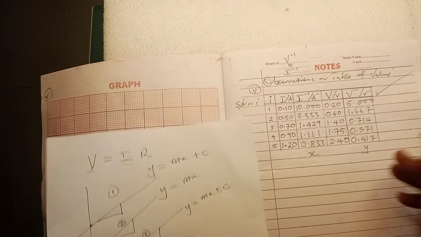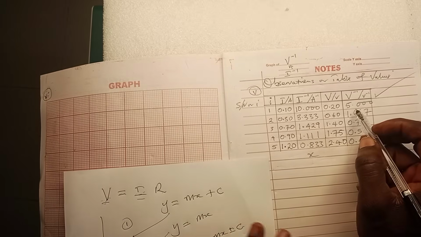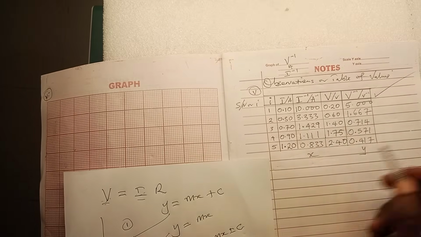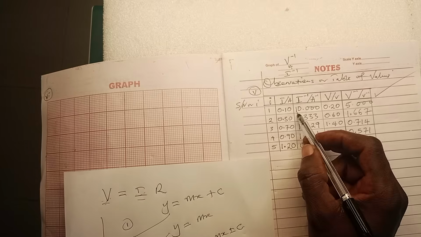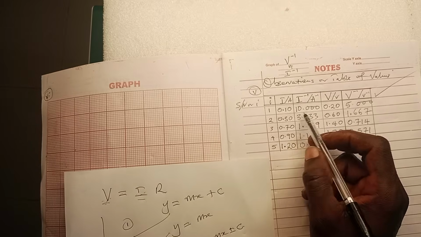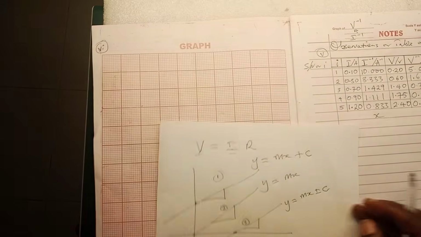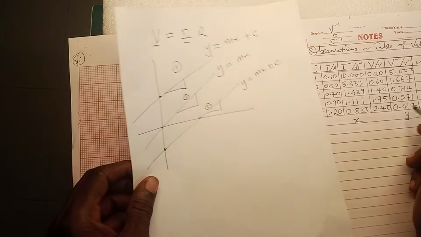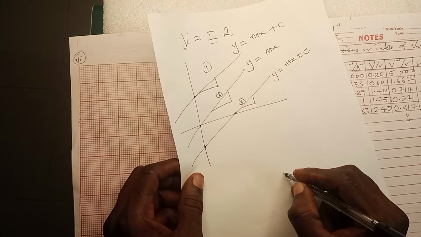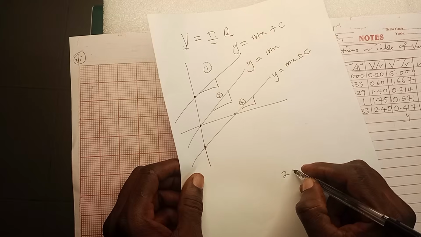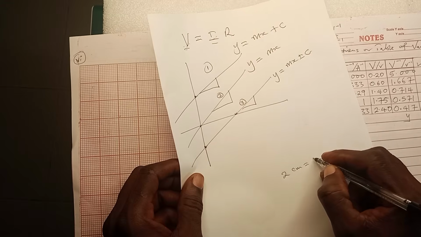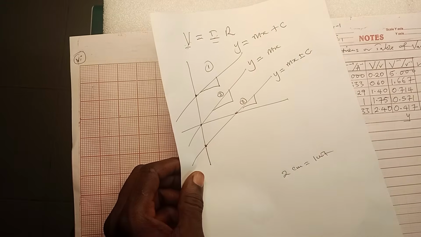The highest value here is 5, and the highest value here is 10. We can say that for the vertical axis, let 2 cm be equal to 1 unit.